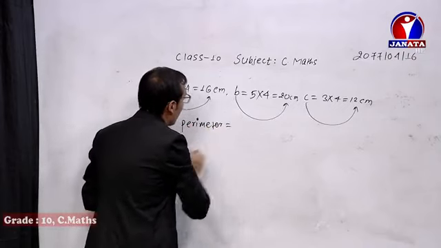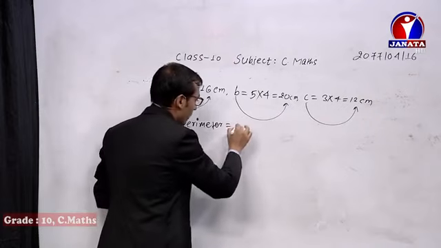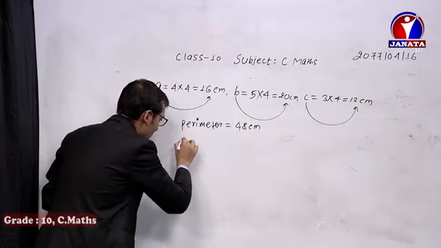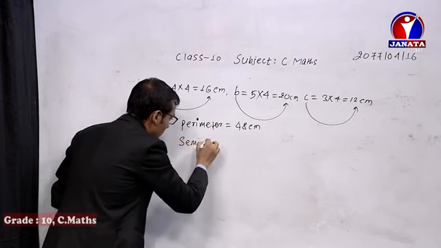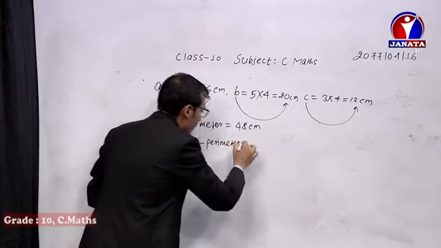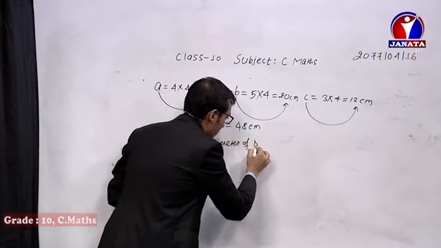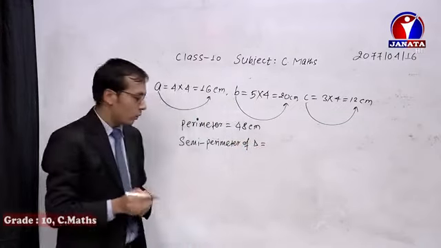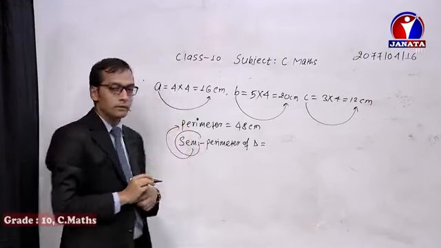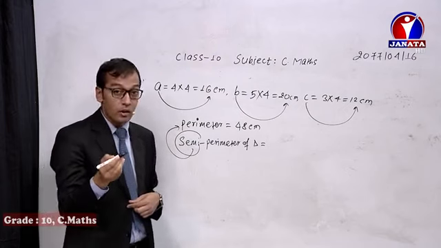Perimeter of a triangle is, it's already known, 48 centimeter. What is semi-perimeter? Semi-perimeter of a triangle is, what is the meaning of semi? Means half. Half of perimeter is semi-perimeter of a triangle.